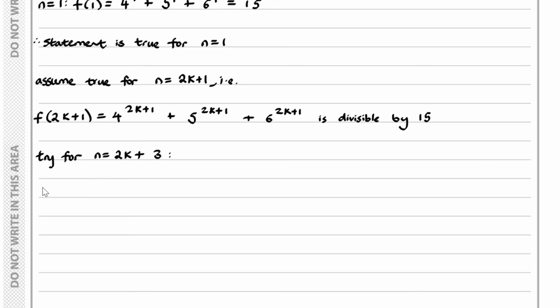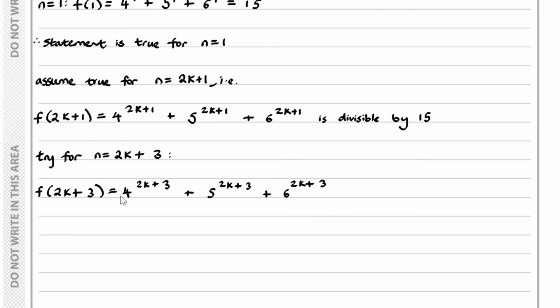So f of 2k plus 3, that's equal to 4 to the power of 2k plus 3 plus 5 to the power of 2k plus 3 plus 6 to the power of 2k plus 3. And we want to somehow show that this is all divisible by 15.